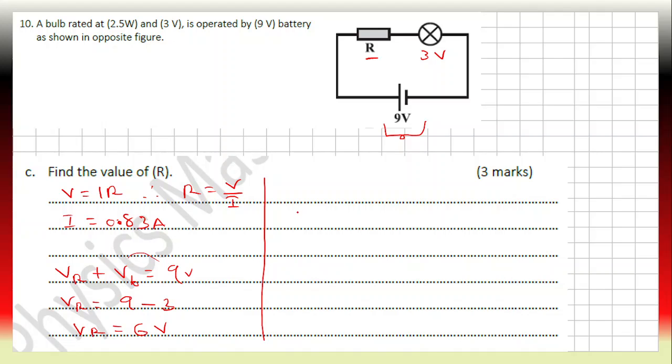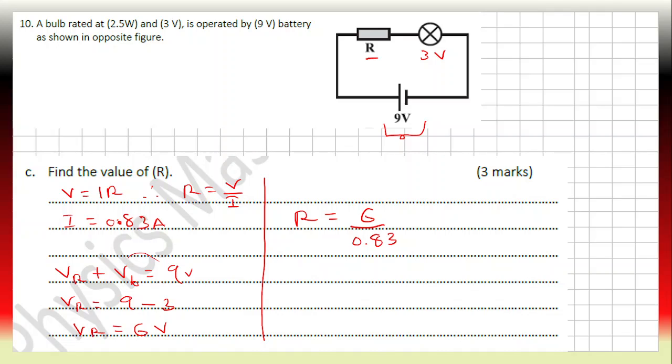You can easily get the resistance. Now R is equal to V. So our V is 6, we divide by our current, which is 0.83. Please do that division. So what are you getting from that?